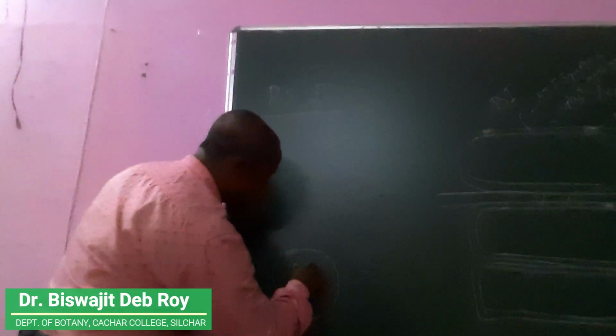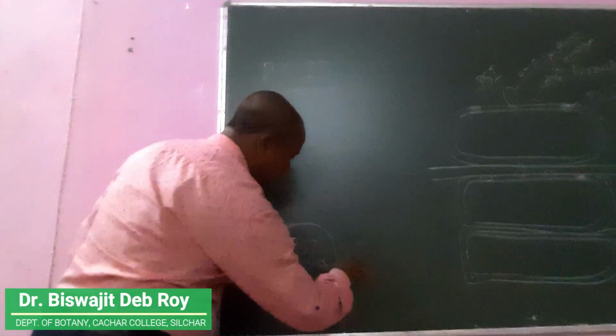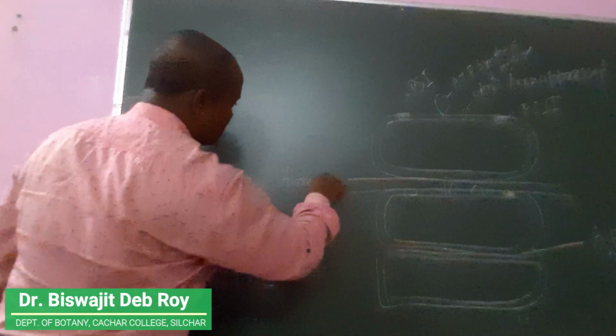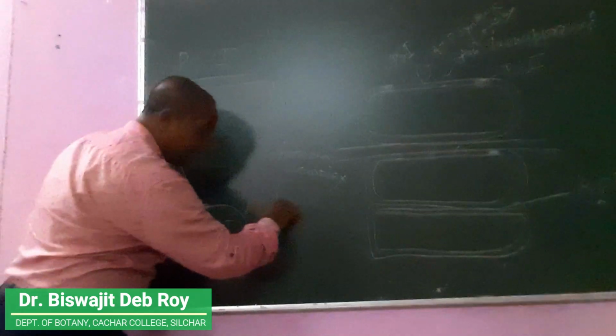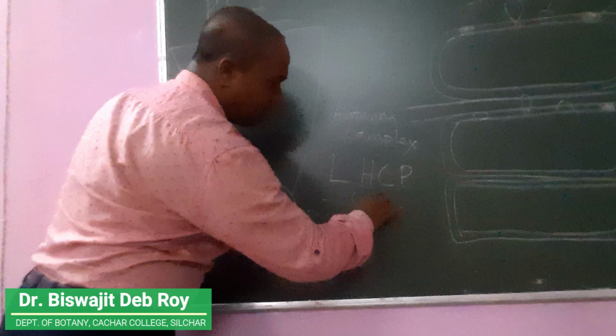The PS1 reaction center, RC, is P700, the chlorophyll molecules that absorb light at 700 nanometers. That is the reaction center, and there will be antenna complexes. This is called the antenna complex, which is also known as the light harvesting chlorophyll protein complex, LHCP complex.